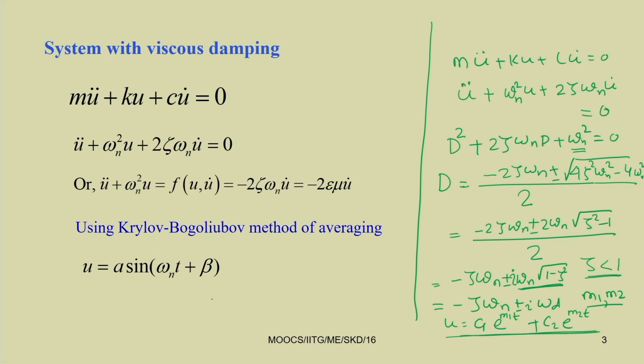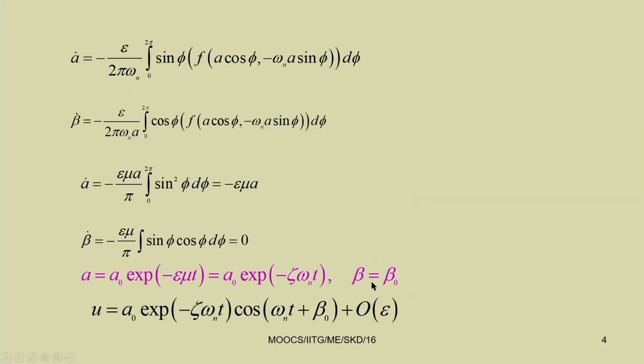So, we can write u equal to u0 e to the power minus zeta omega n t sin(omega d t plus phi), where these u0 and phi are constants which can be obtained from initial conditions.